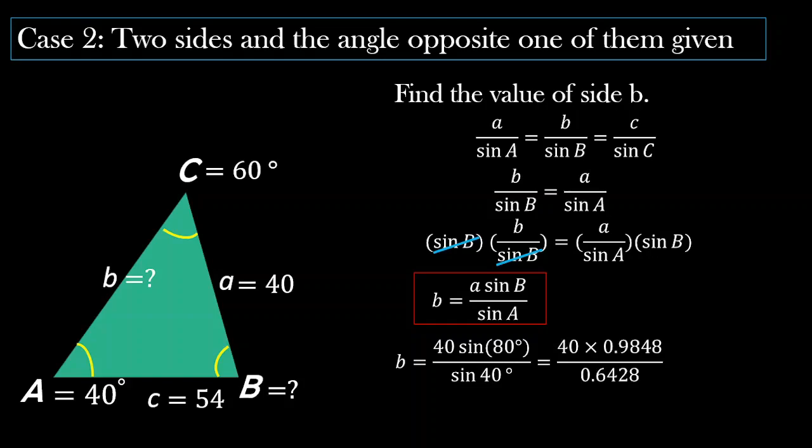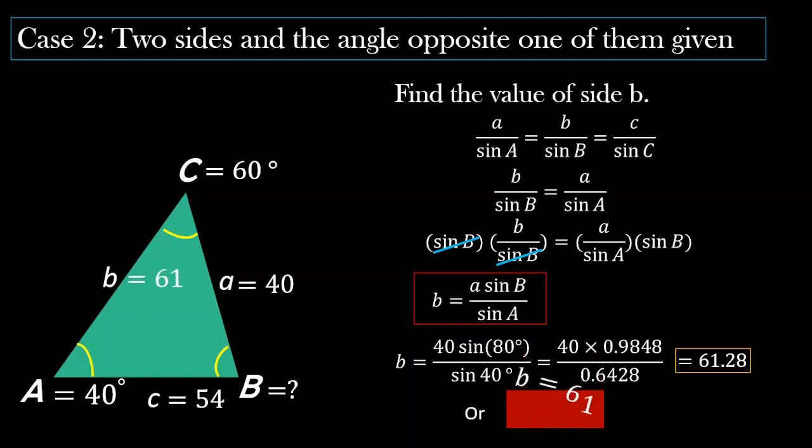After simplifying the equation, it gives us the value of side b is equal to 61.28, or the value of side b is equal to 61.